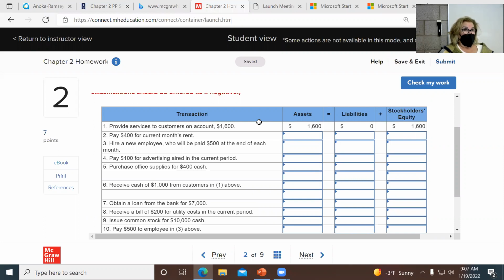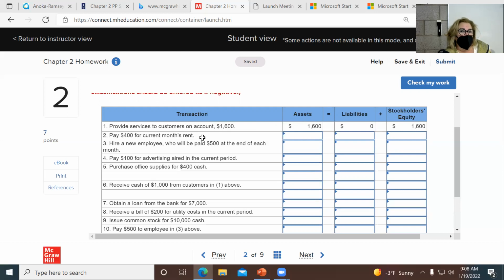So what do we debit? Accounts receivable. And what are we crediting? Service revenue, which ultimately increases stockholders' equity, doesn't it? So do you see our assets increased and our stockholders' equity increased? Yes.